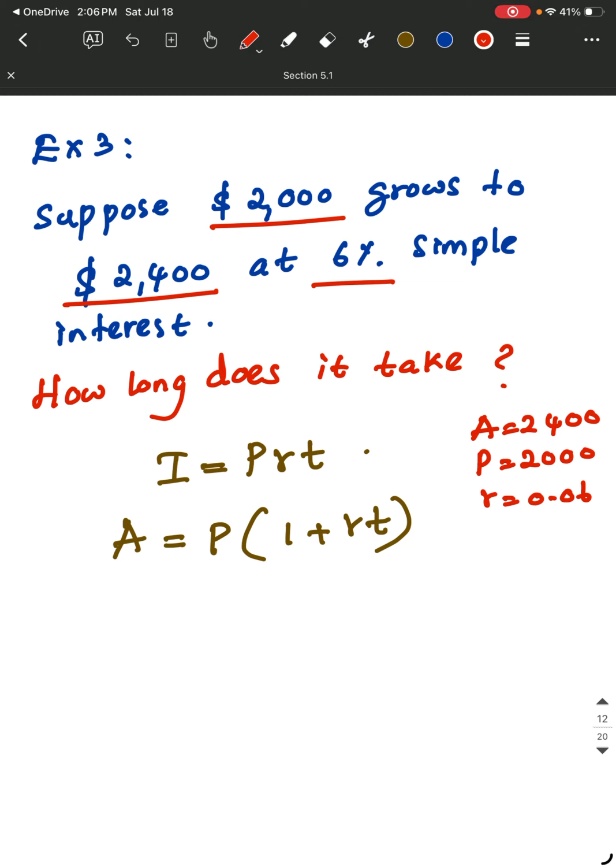Then let's substitute the values. 2,400 equals 2,000 times 1 plus 0.06 T. Then solve step by step.